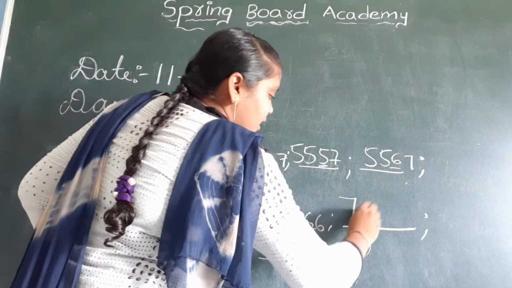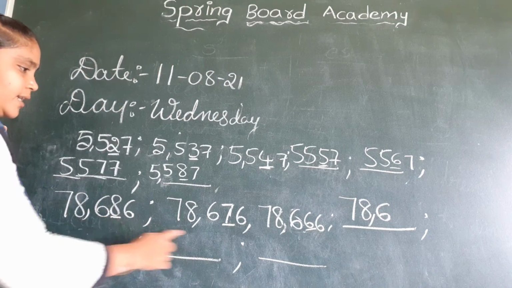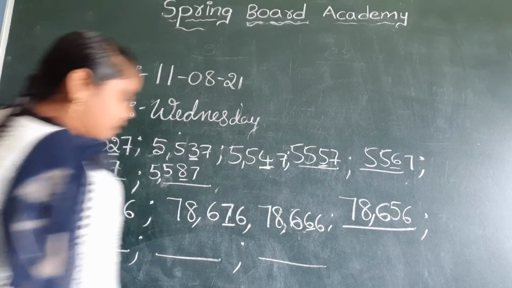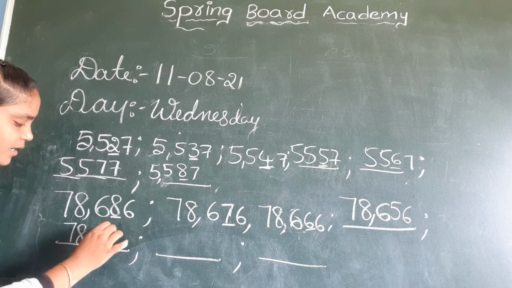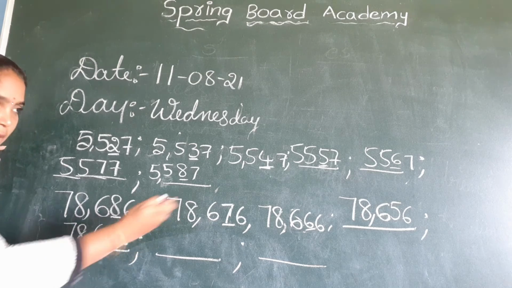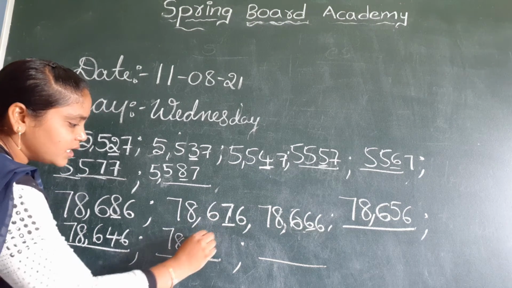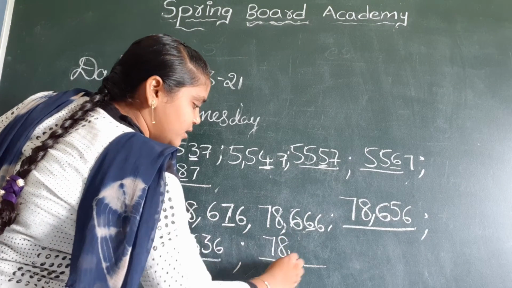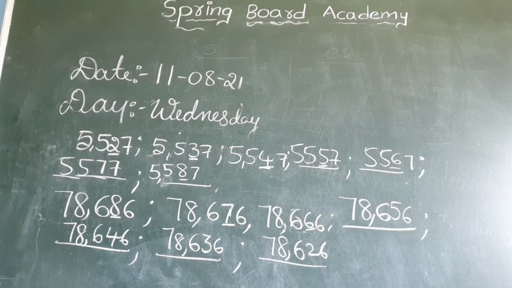Which number will come here? 78,656, then 78,646, then 78,636, then 78,626. Like that you have to write it, children.